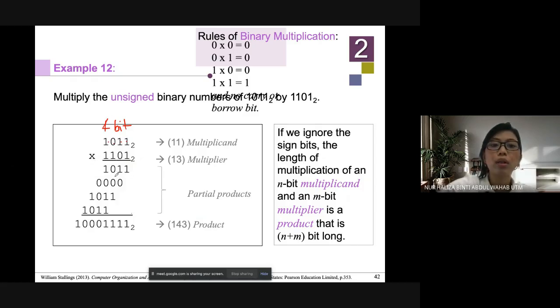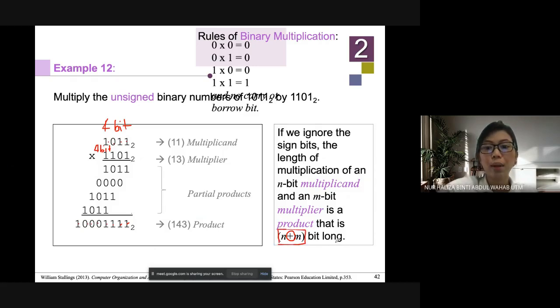Tapi untuk multiple, 4 bit multiple dengan 4 bit, jawapan kita mesti jadi tambah dekat sini. So kita akan dapat 8. 0, 1, 2, 3, 4, 5, 6, 7. So 8 bit. Itu dia punya hint.